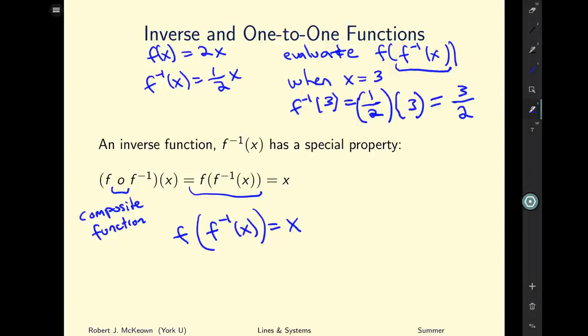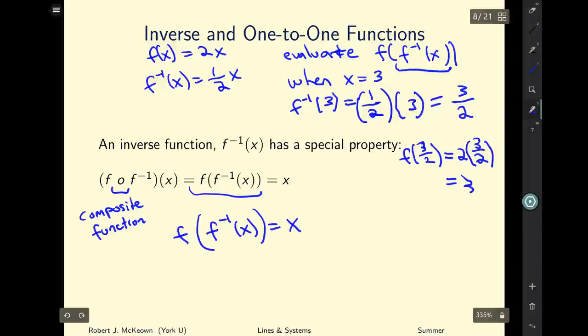Now let's take that 3/2 and plug it into the original function, and we get 2 times 3/2, which is equal to 3.